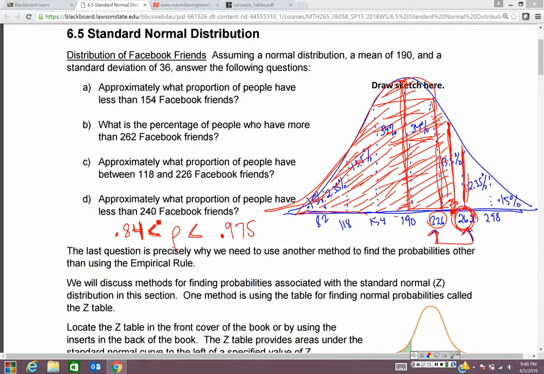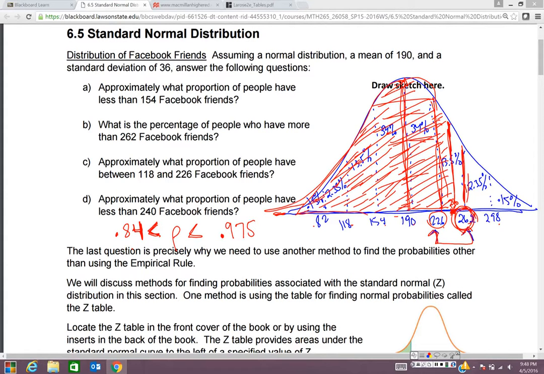This is precisely the reason why we can't use the empirical rule to find an accurate proportion of numbers that are not on this scale. Alright? So that's why we're going to use another alternative method using what is called a standard normal z-table.